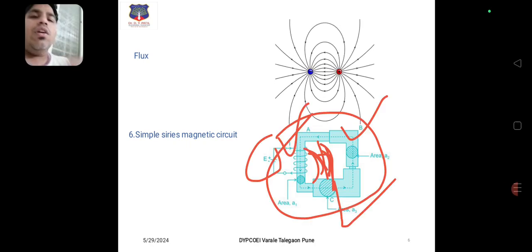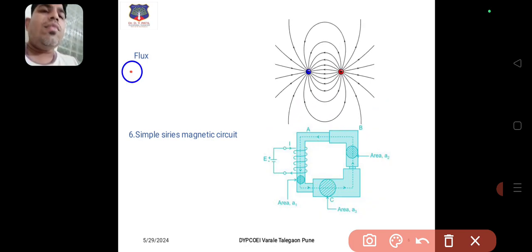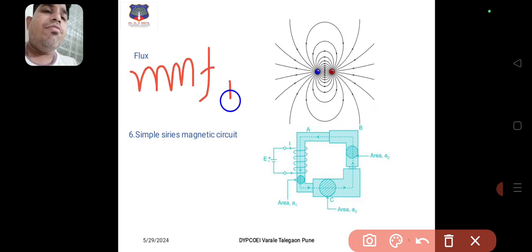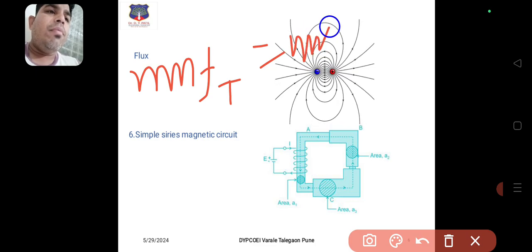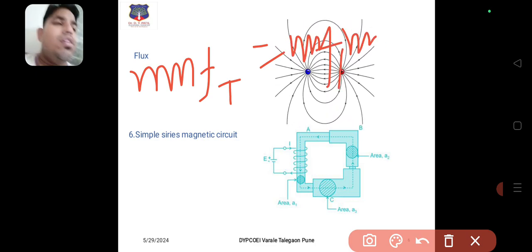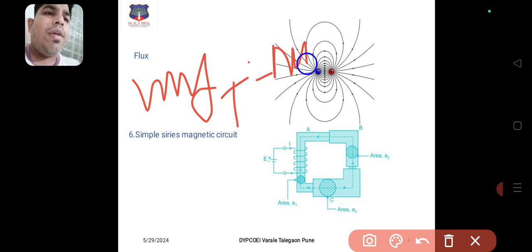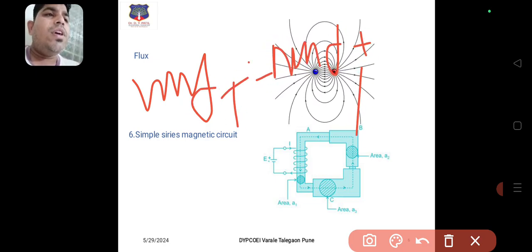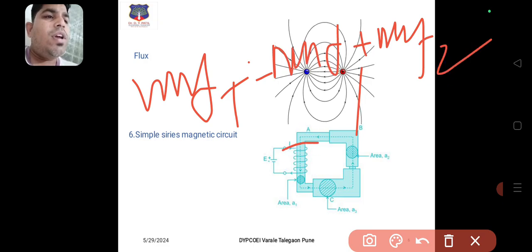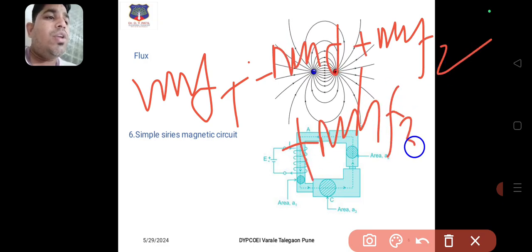So we can write that mmf t is equal to mmf1 plus mmf2 plus mmf3. Why mmf3?